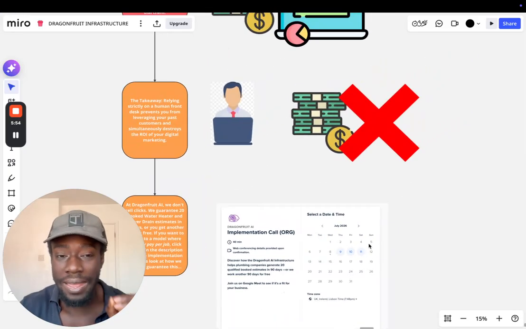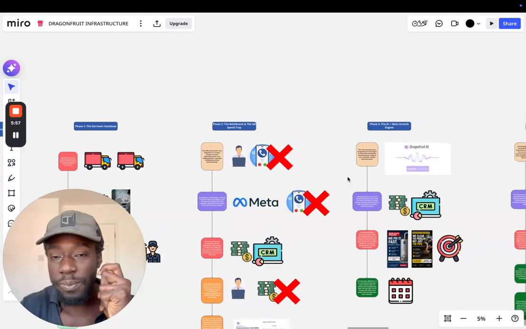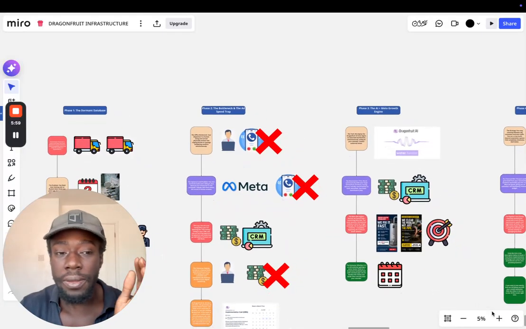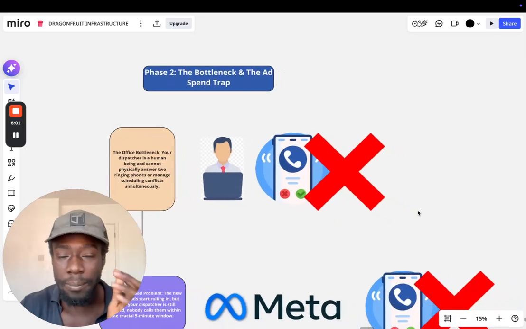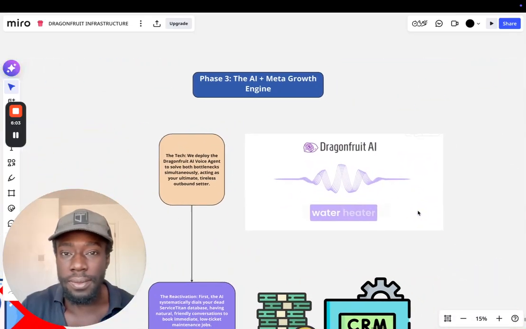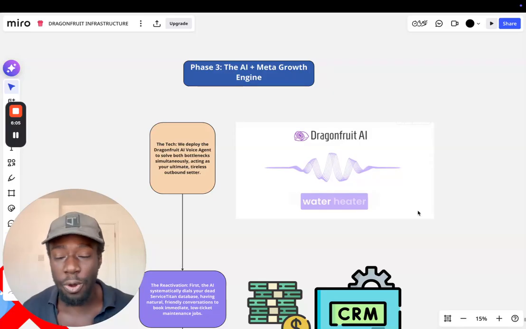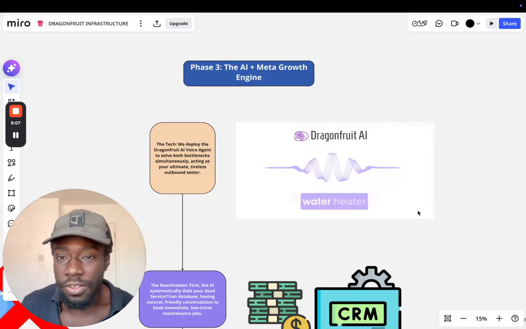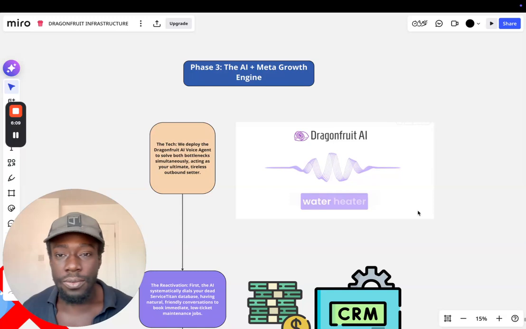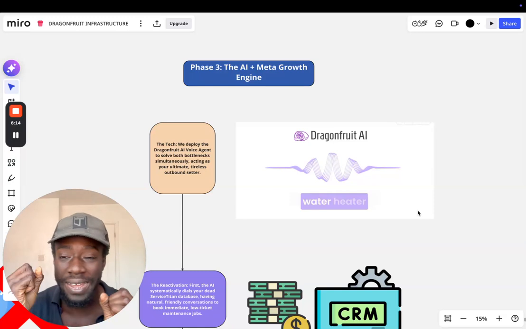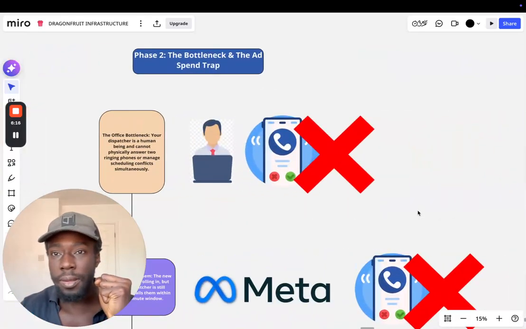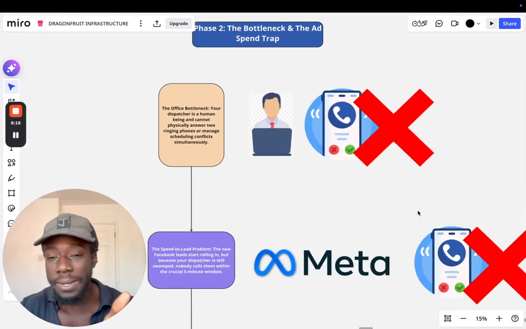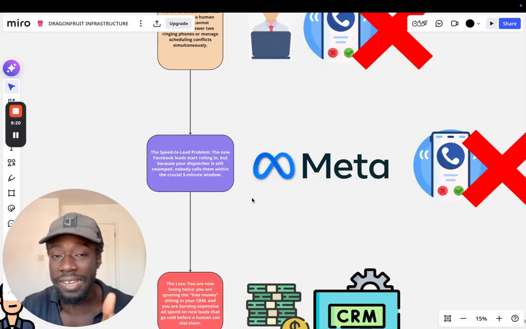But let's now talk about how we can solve this particular problem with the CRM and the bottleneck. So this is where the AI and the growth engine comes into play. How it works is you want to deploy an AI voice agent to solve both bottlenecks: the bottleneck of the dispatcher and the bottleneck of the speed to lead from the ads or your marketing.